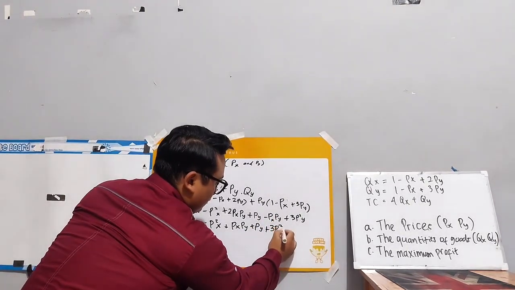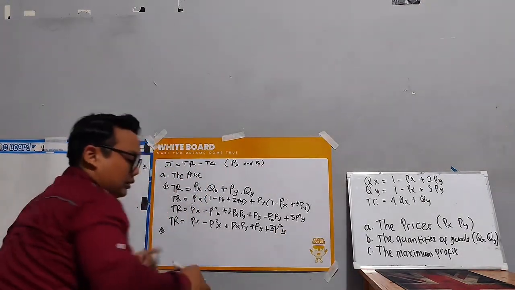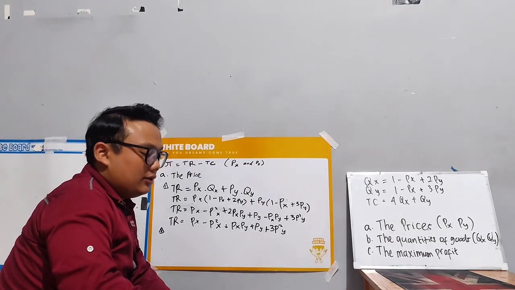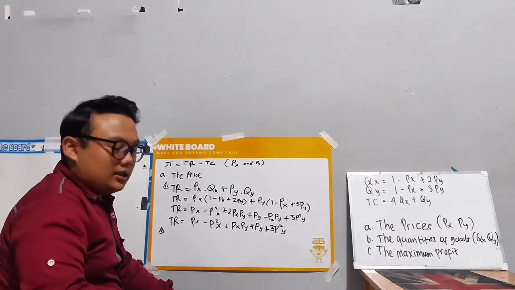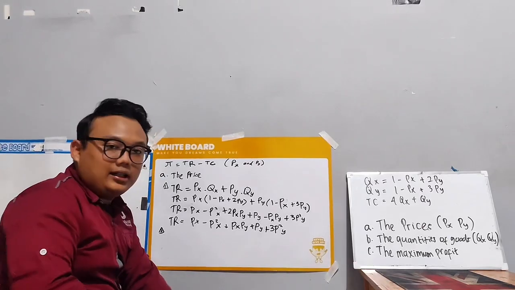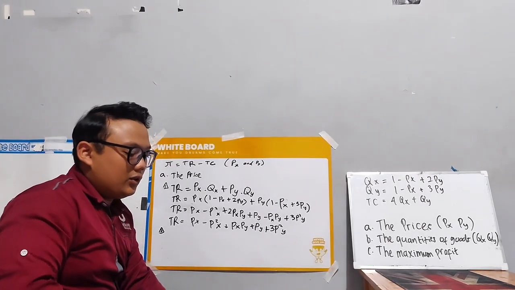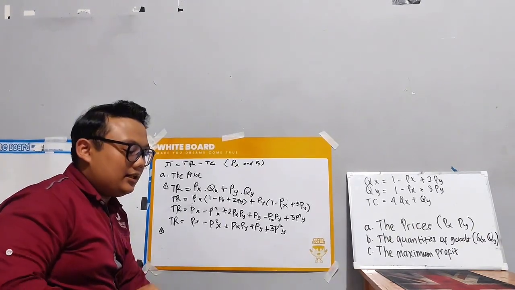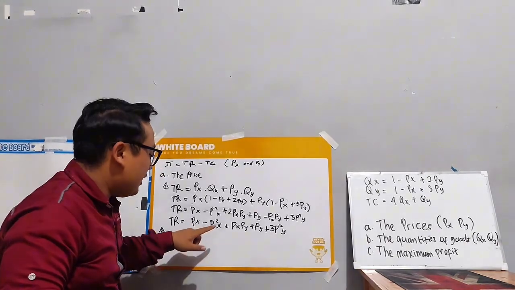Step 2, finding the total cost function in terms of Px, Py. Since the initial TC function is given in terms of Qx and Qy, we need to express it in terms of Px and Py.